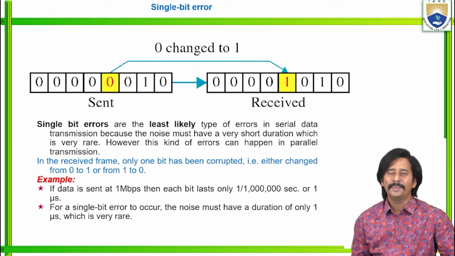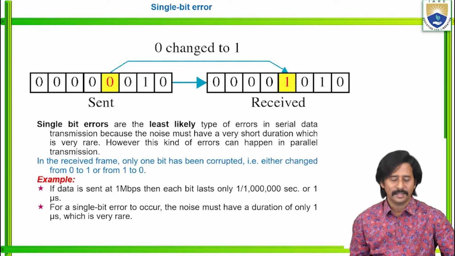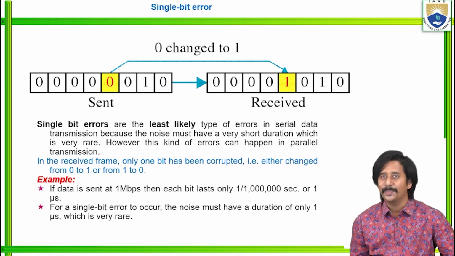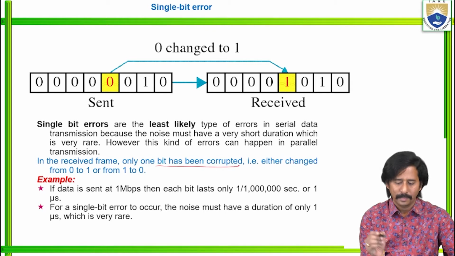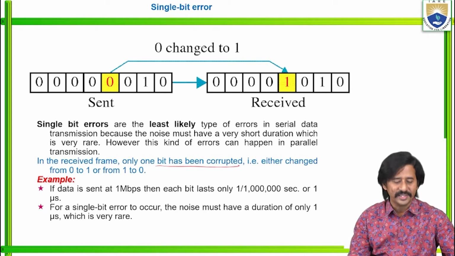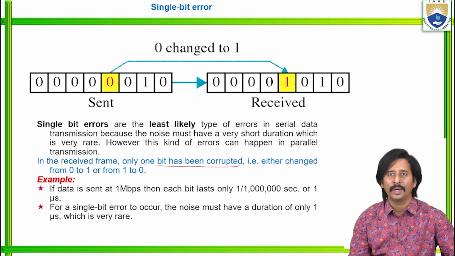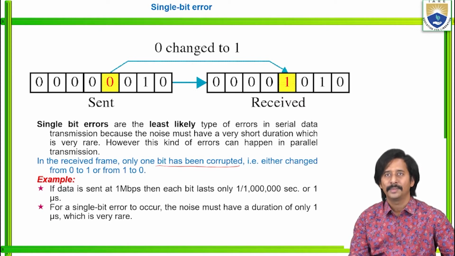Simply say that single bit errors are nothing but, in any received frame, only one bit has been corrupted. Only one bit has been corrupted, either changed from 0 to 1 or 1 to 0. That is a single bit error.